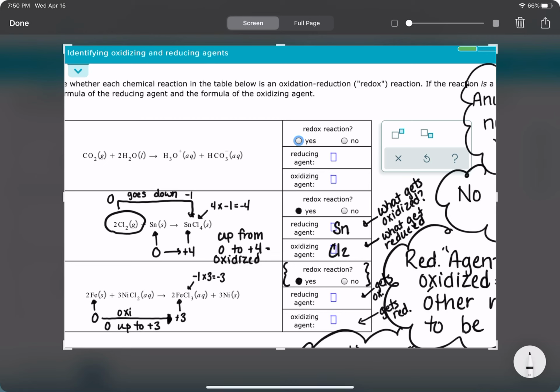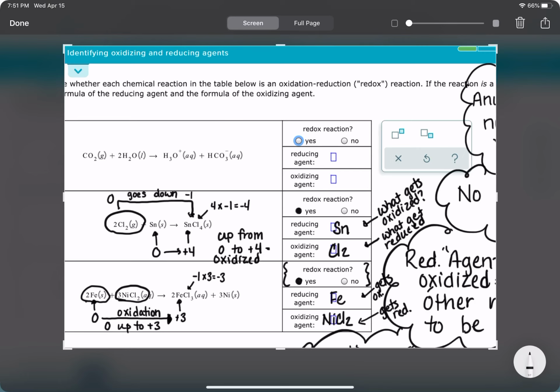That's an oxidation. It's an increase. The reducing agent is the one that gets oxidized. So iron is our reducing agent. And once we figure out one of them, we immediately know the other one. Nickel has to be the thing that gets reduced. One will always get oxidized and the other one will always get reduced.